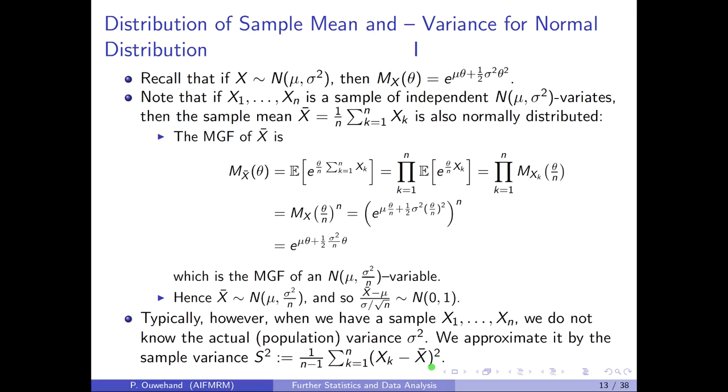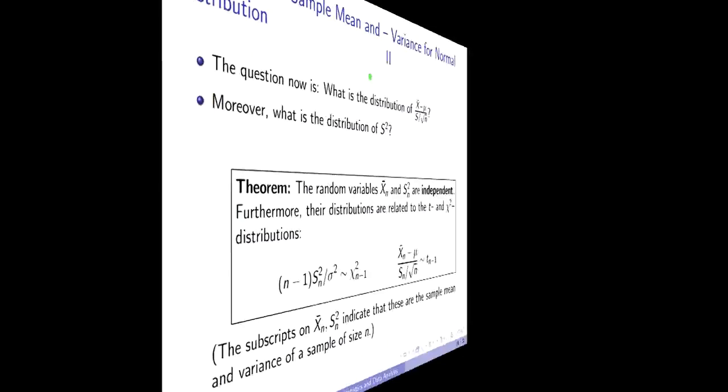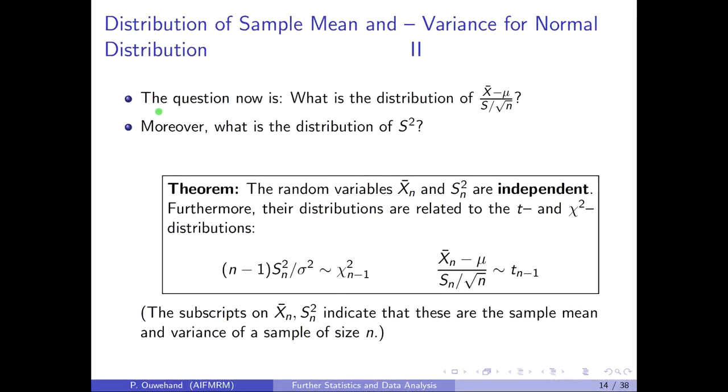The question now is, what happens to this distribution, x bar minus mu over sigma divided by the square root of n, when we replace sigma by the sample standard deviation? In other words, what is the distribution of the sample mean minus mu divided by the sample standard deviation divided by the square root of n? Moreover, we're also interested in the distribution of the sample variance.